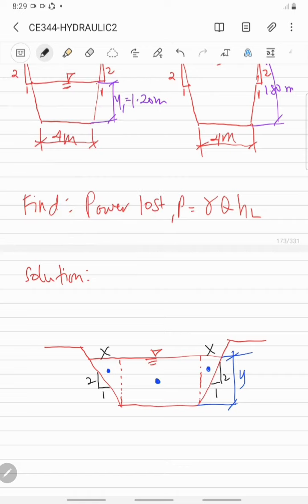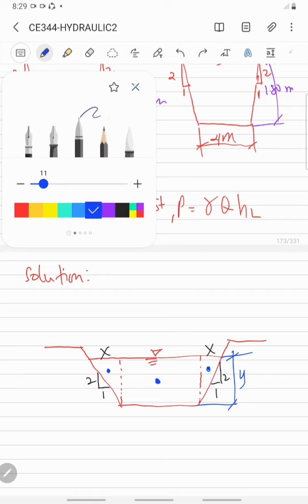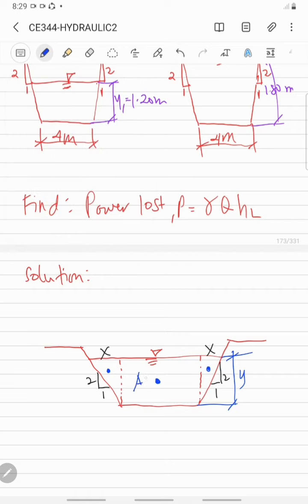Since this is section 1, the area of flow before the jump, this will be my area 1, but I divided it into rectangular and triangular shapes. So I will treat this as my area 1:1, this will be my area 1:2, and this is my area 1:3.